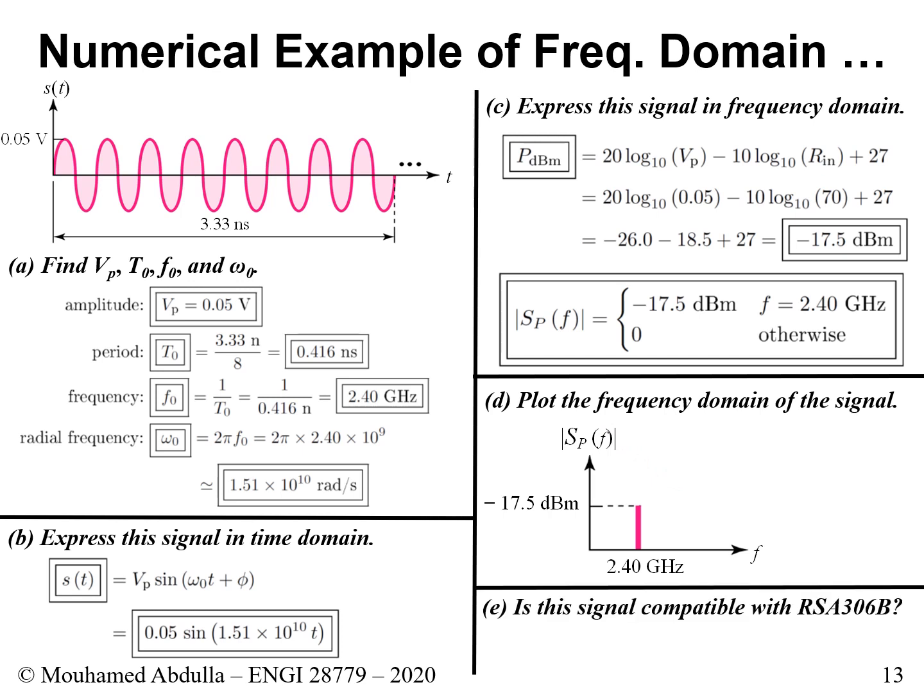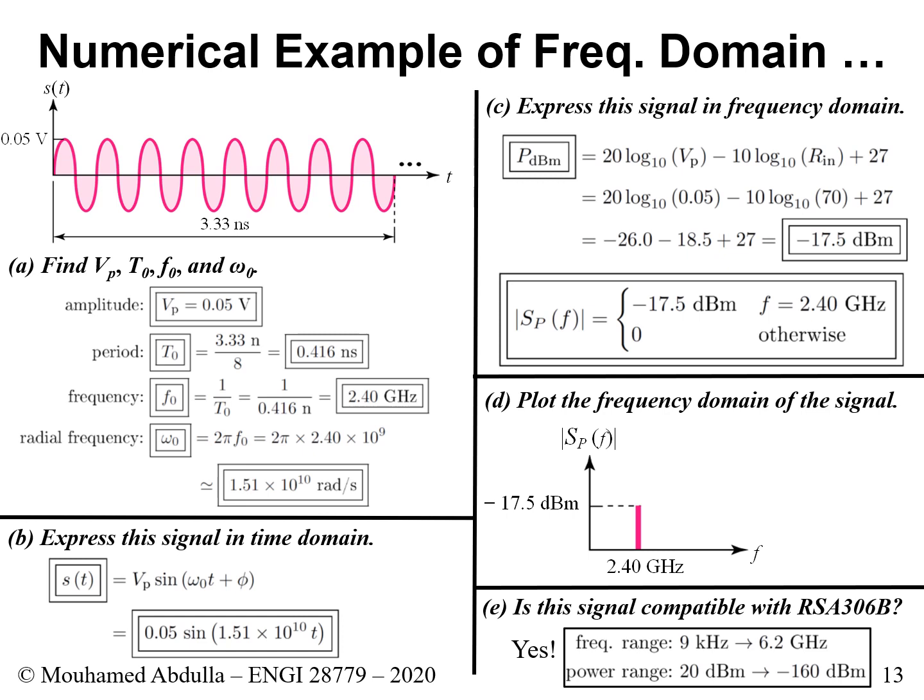Okay, so let's move on to the last question. Is this signal compatible with the RSA 306B from Tektronix? And what do you think? The answer is yes, it is compatible.